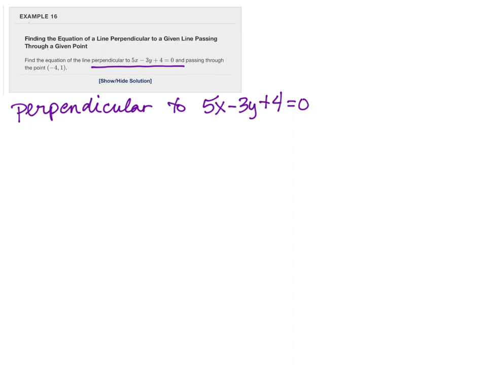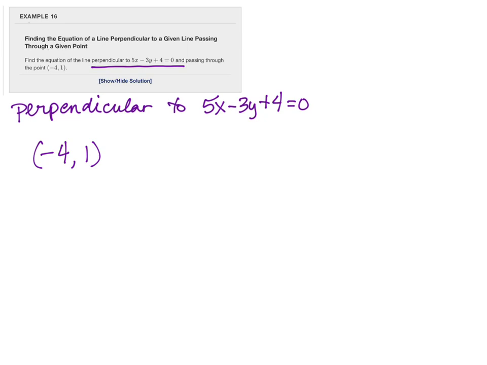And our new line needs to pass through the point -4, 1. And we'll use that information in a little bit. For now, what do we have to do? We got to solve the first one for what? What are we looking for? We got to get the slope, right?